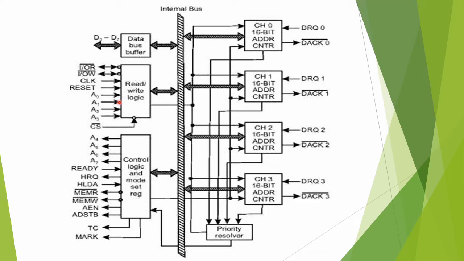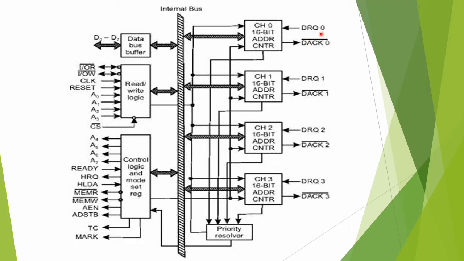Now let us understand the internal architecture of the 8257. The 8257 DMA controller basically has 4 channels: channel 0, channel 1, channel 2, and channel 3. Each channel is associated with a 16-bit address counter, and we are going to see the format of that.